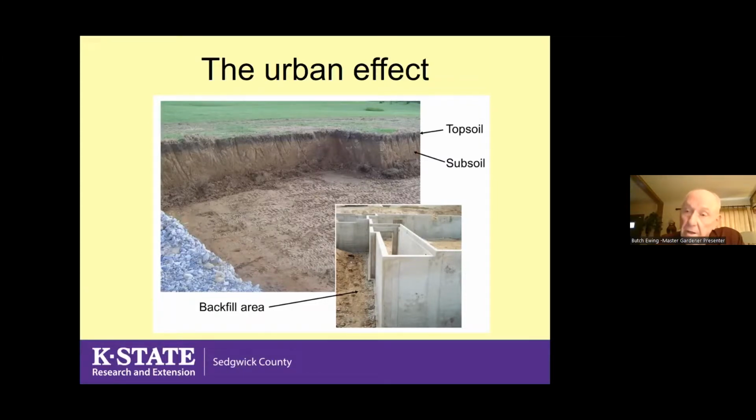Same thing would apply if you have a low spot where they have to bring in soil to bring up an area of the lot for drainage issues, surface drainage. So that urban effect, that dirt can move around a lot. And so that determines how you can have so many different kinds of soil on one property.